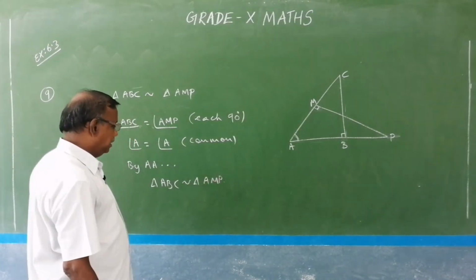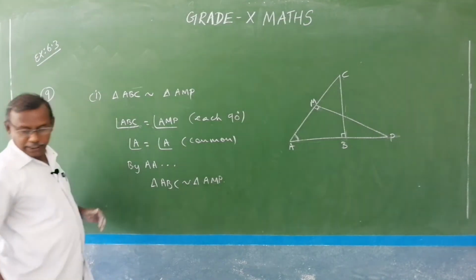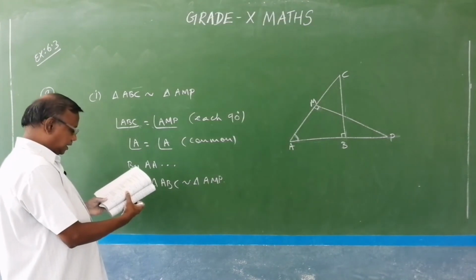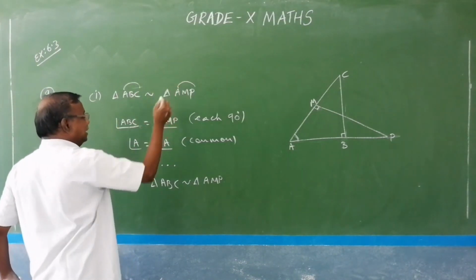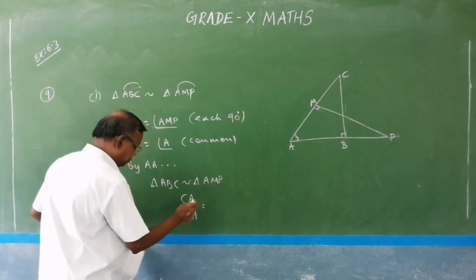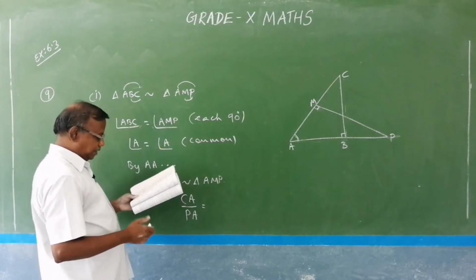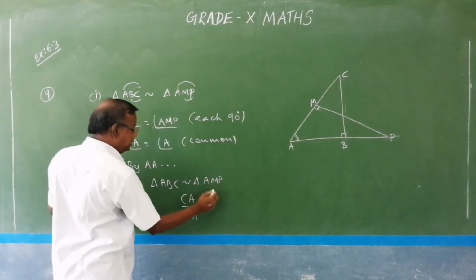If two triangles are similar, then the sides are in ratio. Therefore the second condition is CA by PA equal to BC by MP.